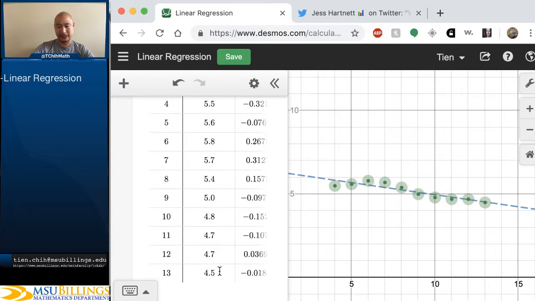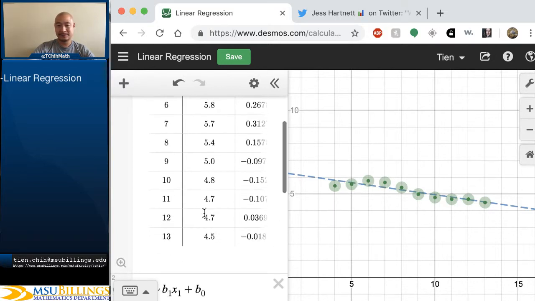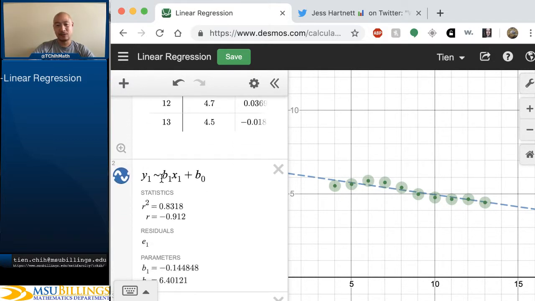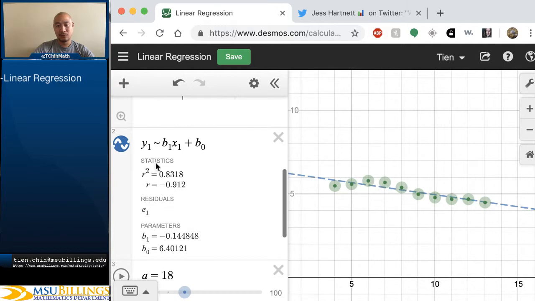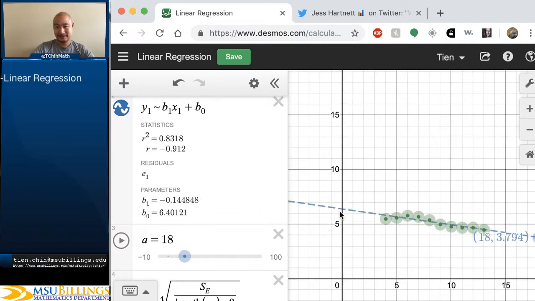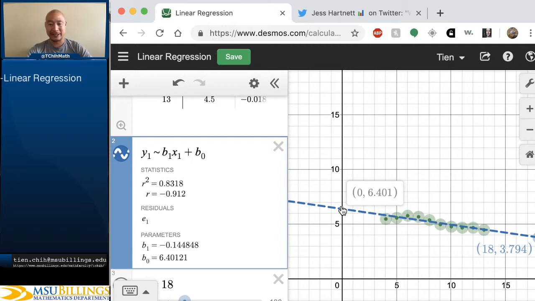In 2013, 4.5 murders. And when we run all of that, we see that when we try to fit this data into a linear form, we have parameters: a slope of minus 0.144848, and a y-intercept of 6.4 or so.